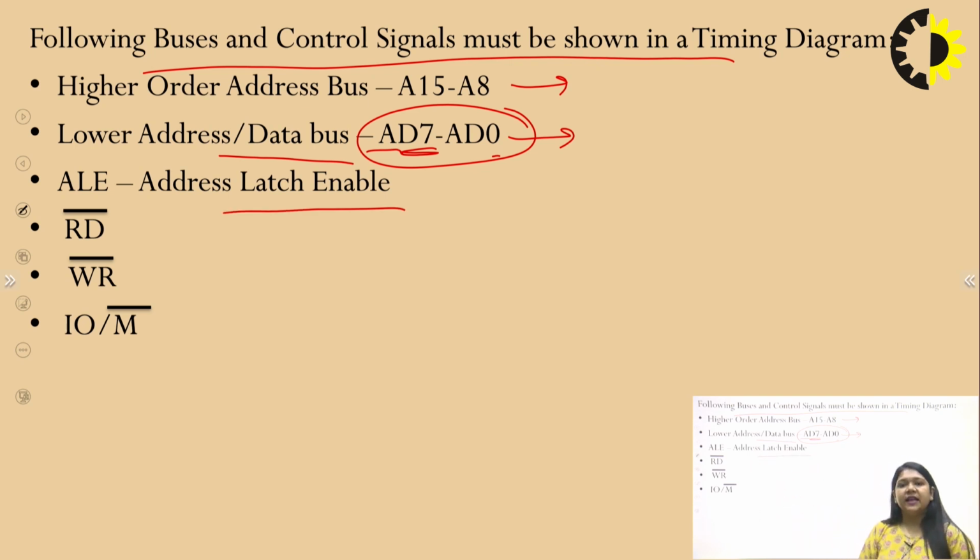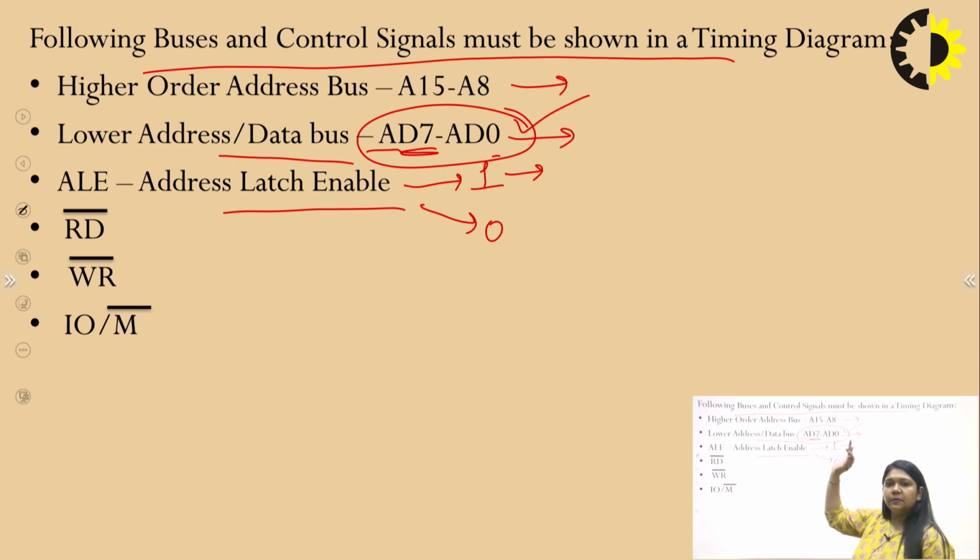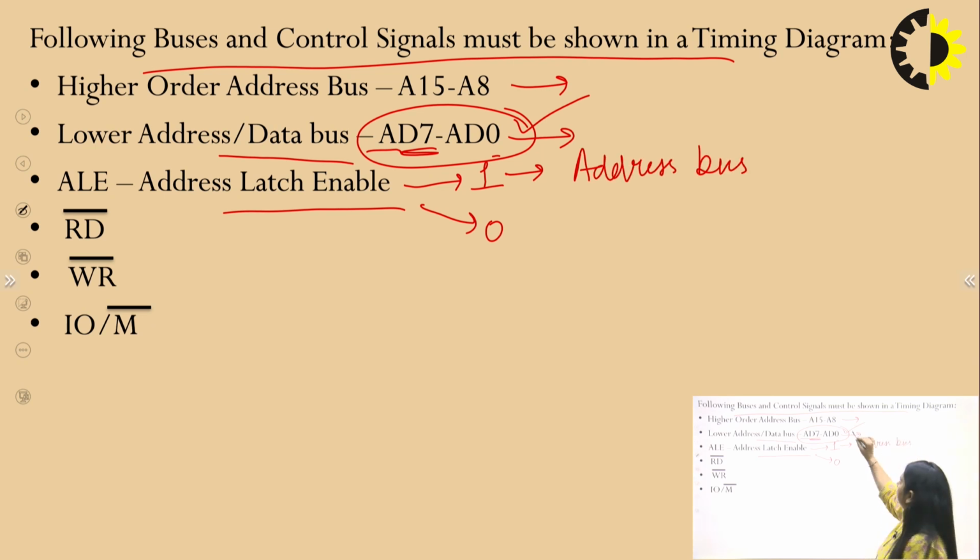ALE is address latch enable. If this pin is 1 and if this pin is 0, there are 2 possibilities. When ALE is 1, this time shared or multiplexed bus will be carrying only the address. And when ALE is 0, it will be carrying only data at that time.